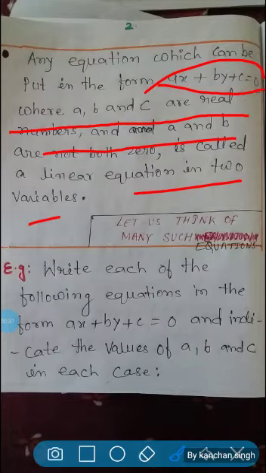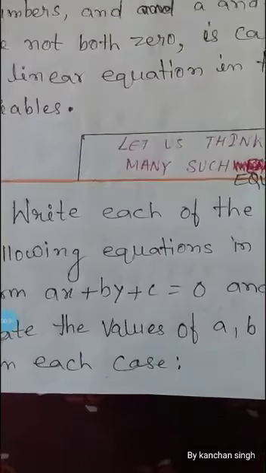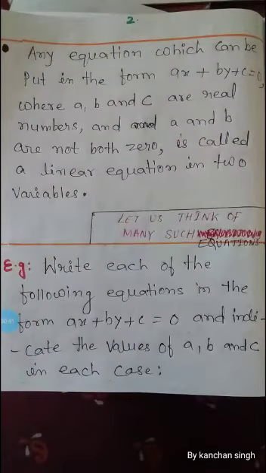Now look here. Our question is, write each of the following equations in the form ax plus by plus c is equal to 0 and indicate the values of a, b and c in each case. Now see, don't you think ma'am is asking a funny thing, that we can directly see the value of a, b and c?